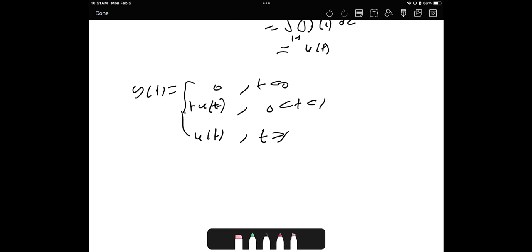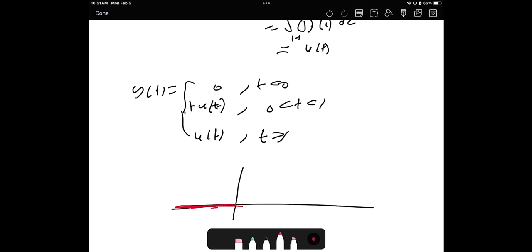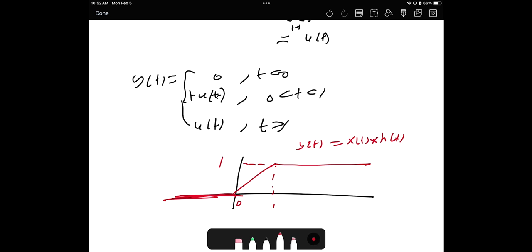If we need to plot the output, it looks like this: y is 0, then it starts at 0, rises up to 1 at t equals 1, and this is y of t, which is the convolution of x of t and h of t. That's one simple example. In the next lecture we will do more examples about this. See you on Friday.